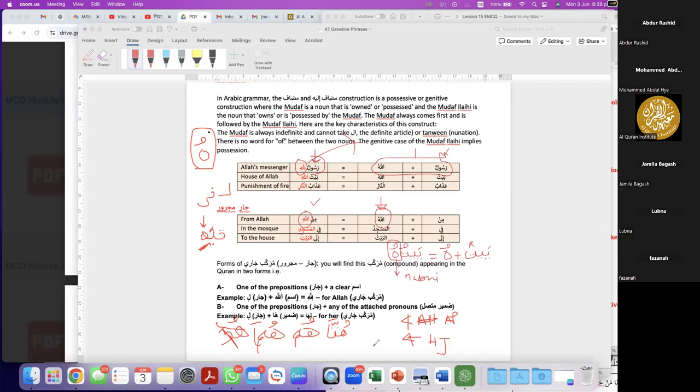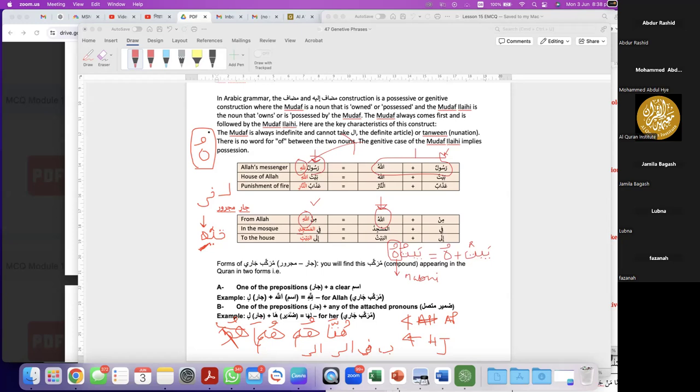And then the 4 harfs: bi, fi, ila, ala. Ila came before hum, ilaihim. Ala came before hum, alaihim, alaihinna.